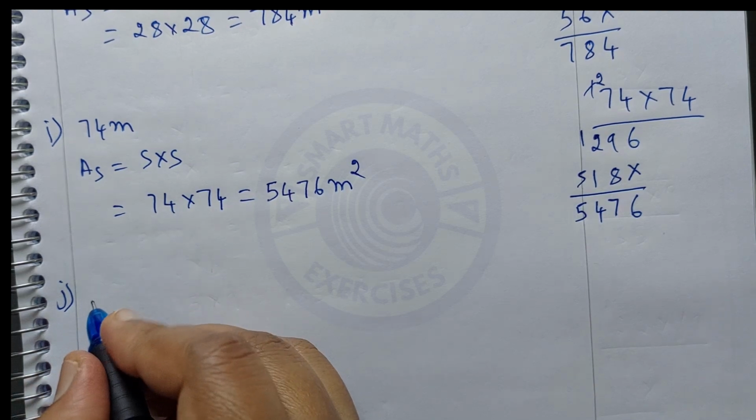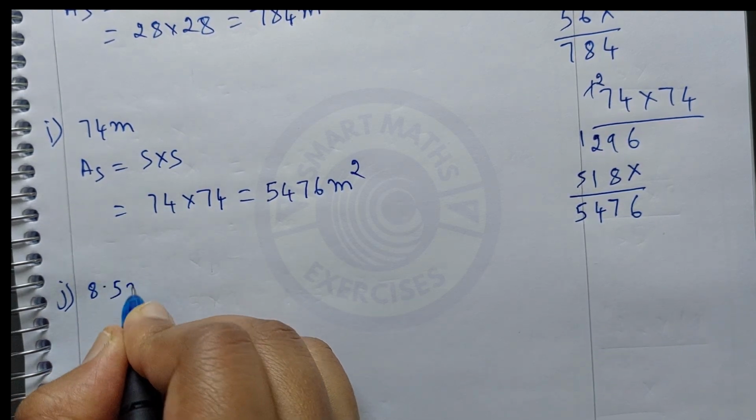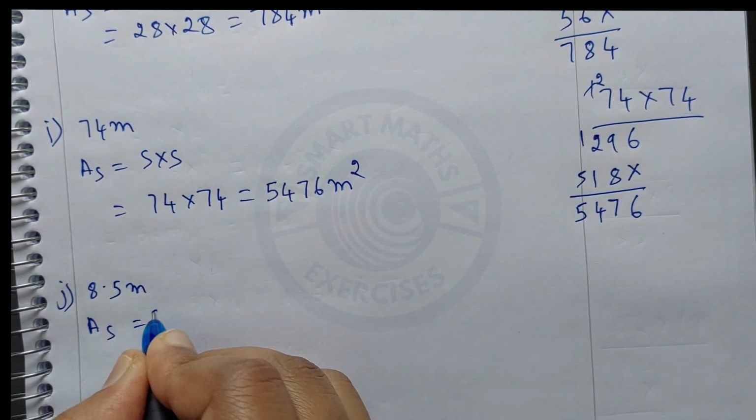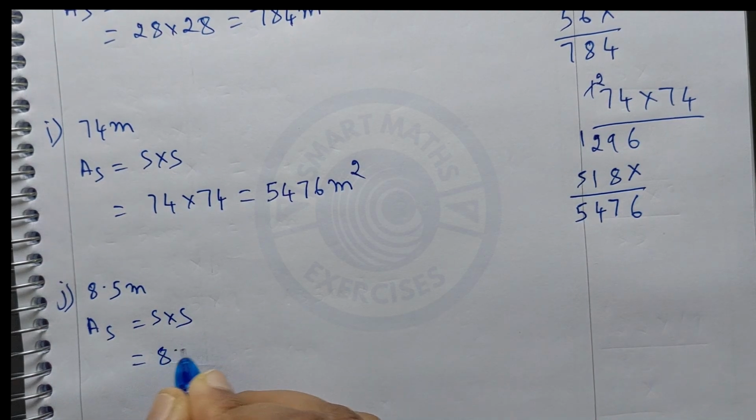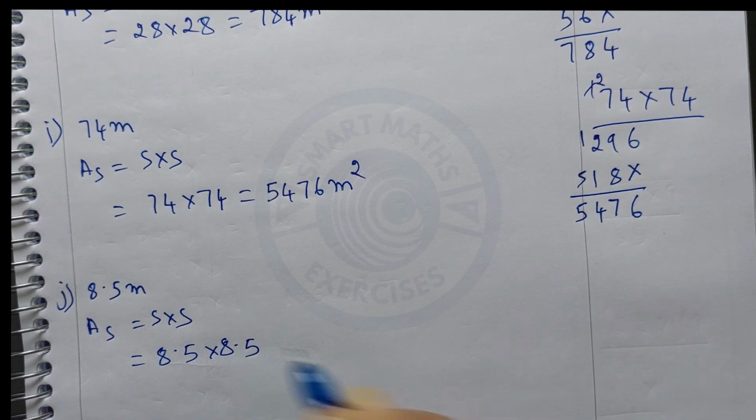Next question, J. 8.5 m, area of square equals side into side equals 8.5 into 8.5.